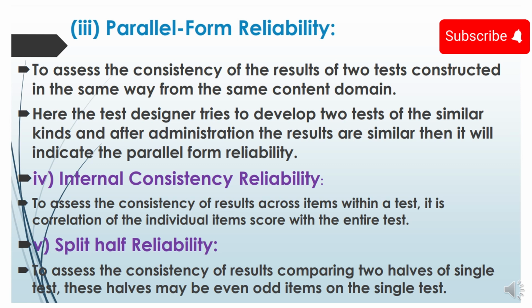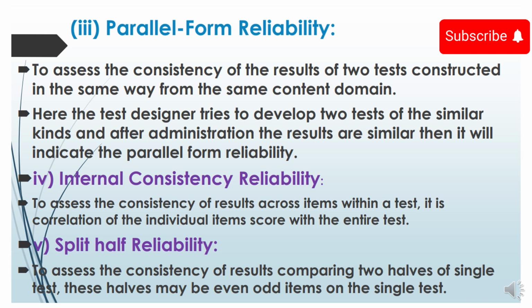It assesses the consistency of the results of two tests constructed in the same way from the same content domain. Here the test designer tries to develop two tests of a similar kind, and after administration, if the results are similar, it indicates parallel form reliability.